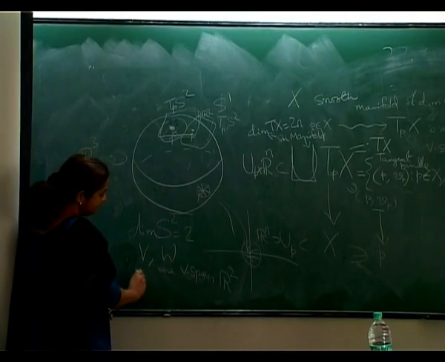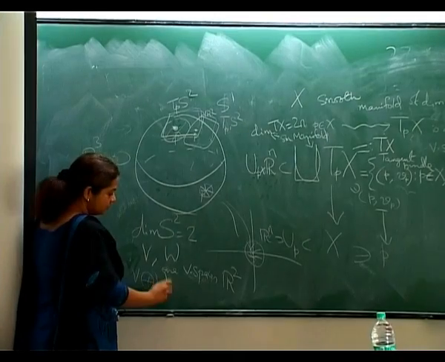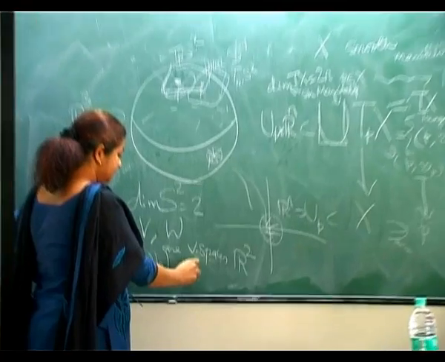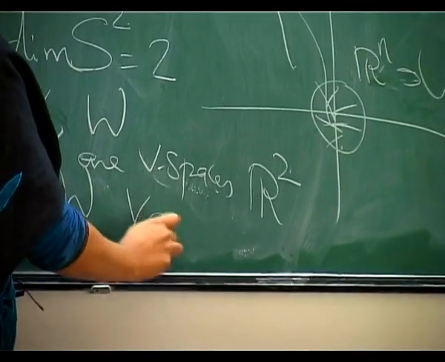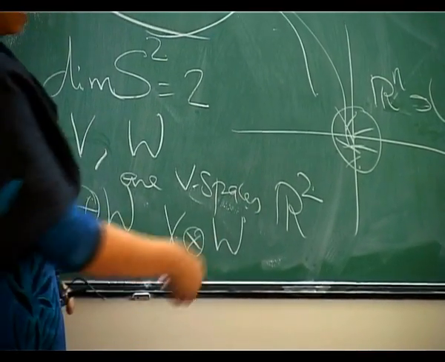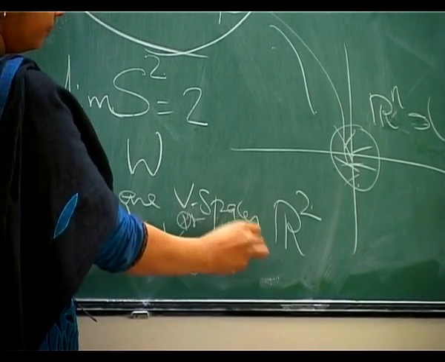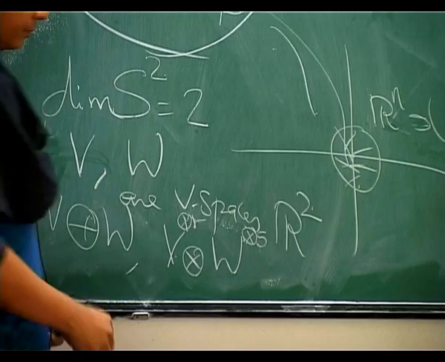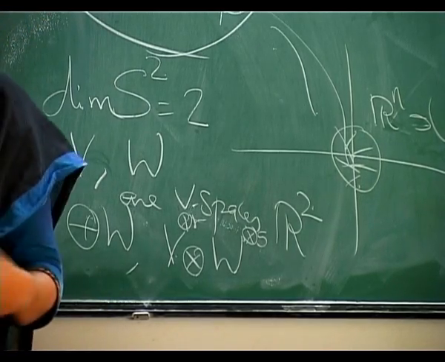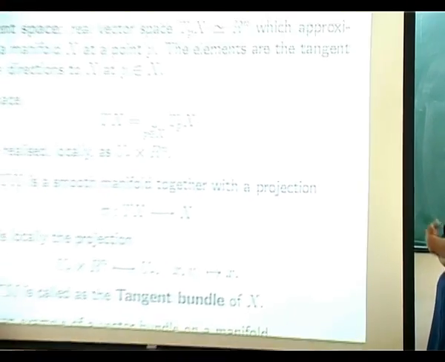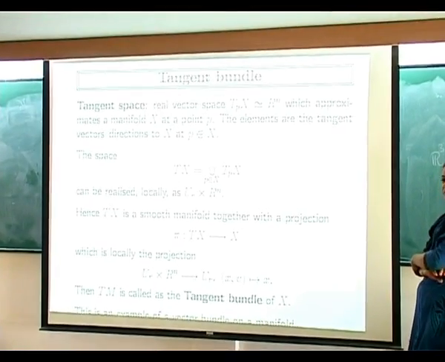You can take the direct sum, and then you can take tensor powers, for example V tensor W and so on, and you can take several copies of them, say R times and S times. You can do several operations with vector spaces, and all those operations can be carried out to the tangent bundle as well.